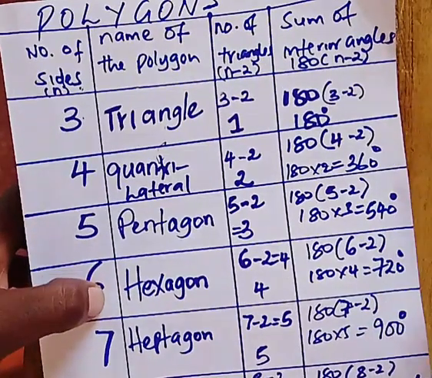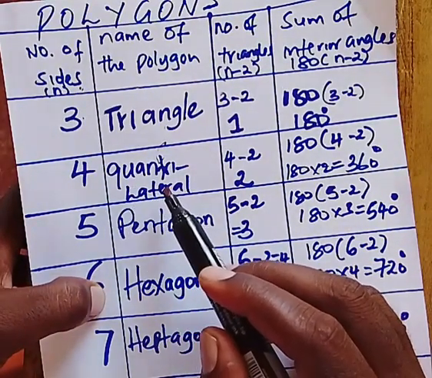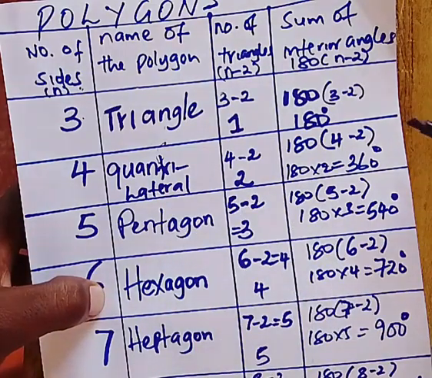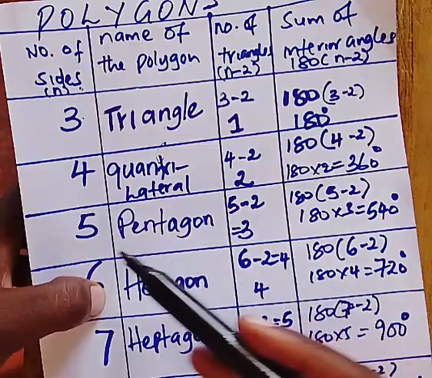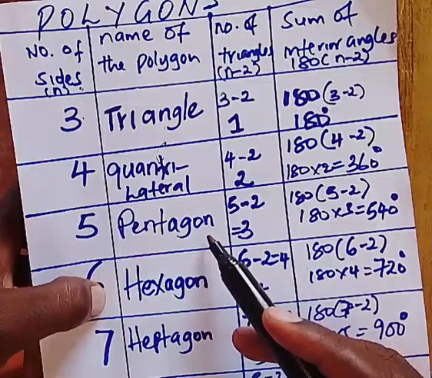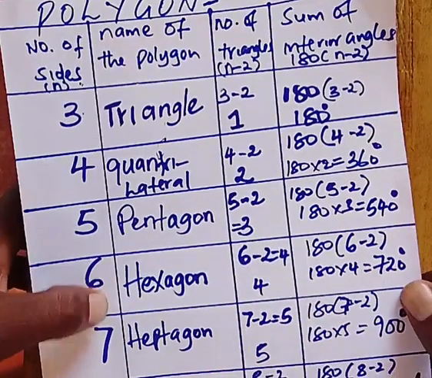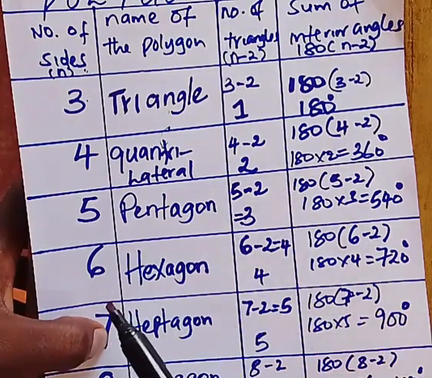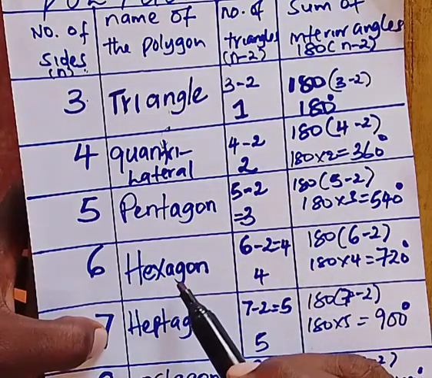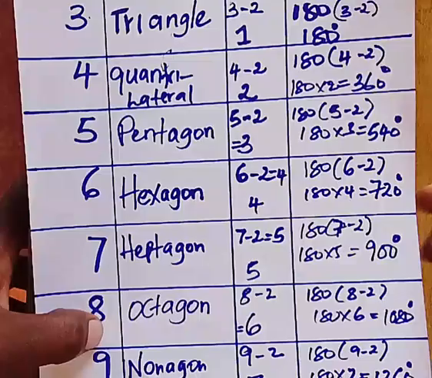So in whole sum, you can realize that a 3-sided polygon is called a triangle with interior angles 180. A 4-sided polygon is called a quadrilateral with 360 degrees. A five-sided polygon is called a pentagon with 540 degrees as the sum of the interior angles. Then a six-sided polygon is a hexagon with 720 degrees.